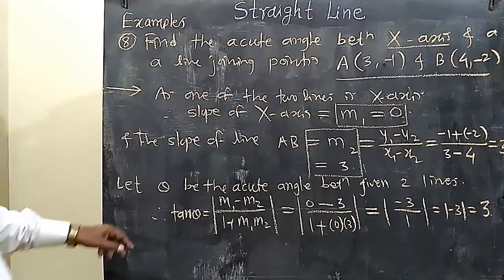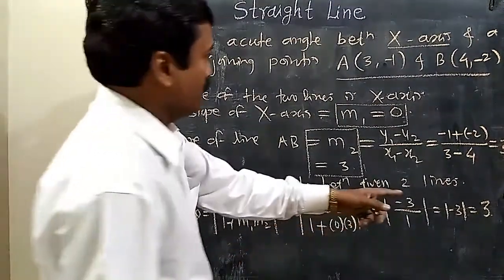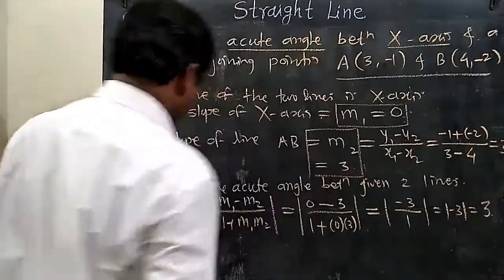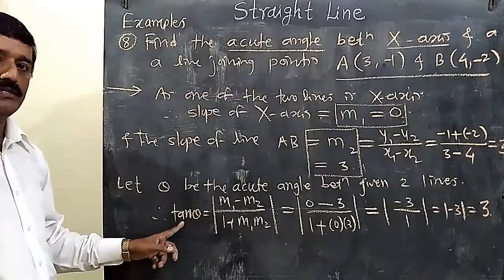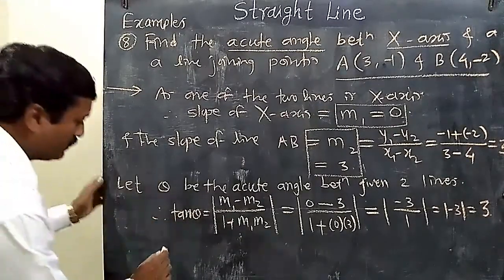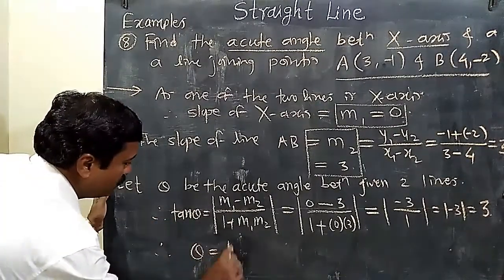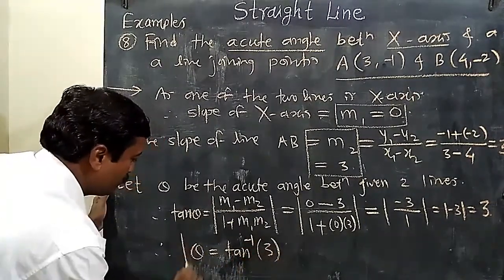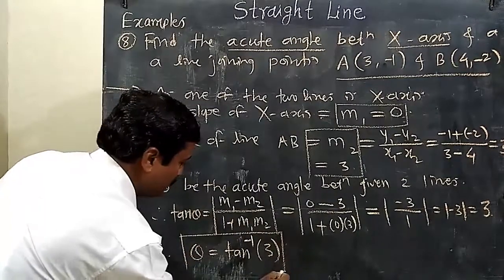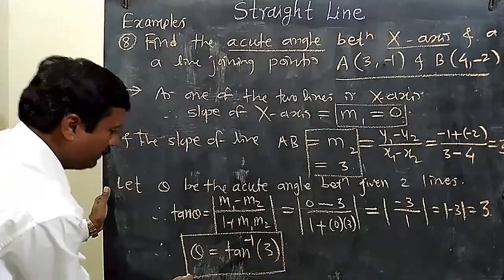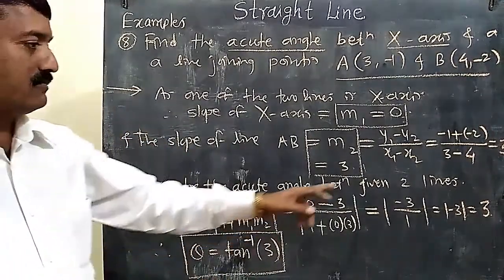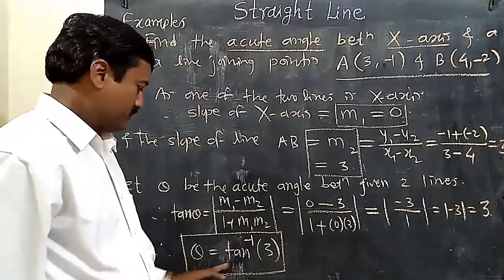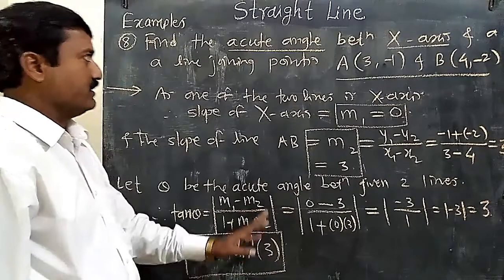So here tan theta is equal to 3, and the question asks to find the acute angle. Tan theta is not the acute angle, it is the tangent ratio of the acute angle. Therefore theta is equal to tan inverse of 3. There is no particular angle whose tangent ratio is equal to 3, so just keep theta in terms of tan inverse, theta equal to tan inverse of 3.